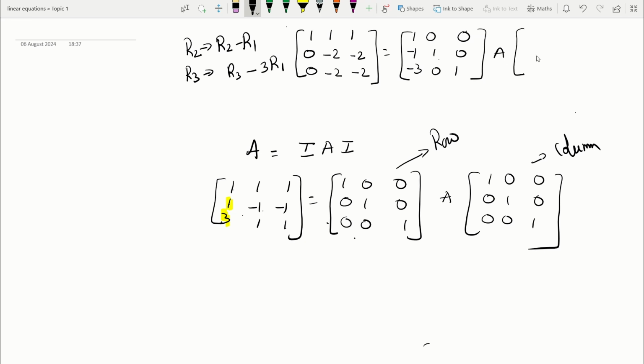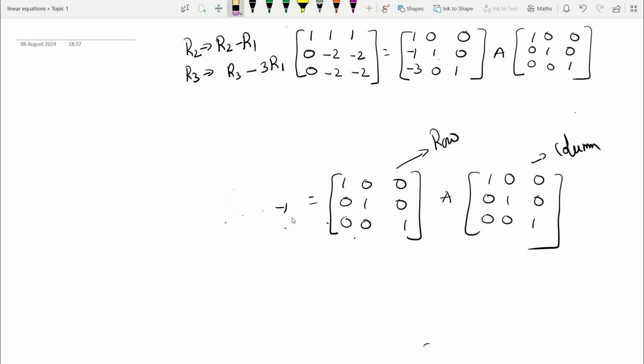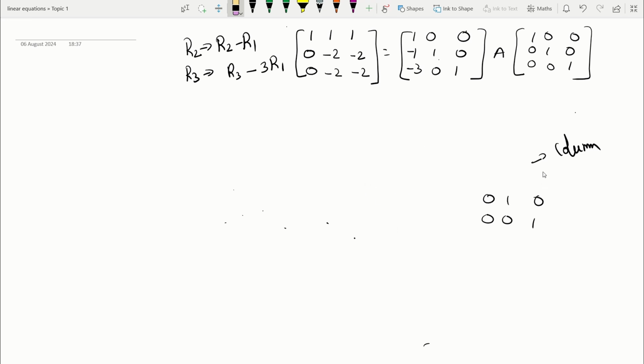Now see how it changes: 1 1 1; 0 minus 2 minus 2; and with R3 minus 3 R1, 0 minus 2 minus 2. I already did this calculation, so we can complete it fast.